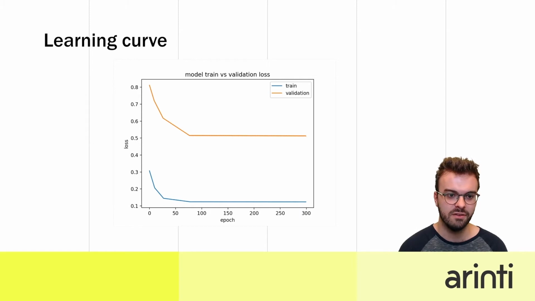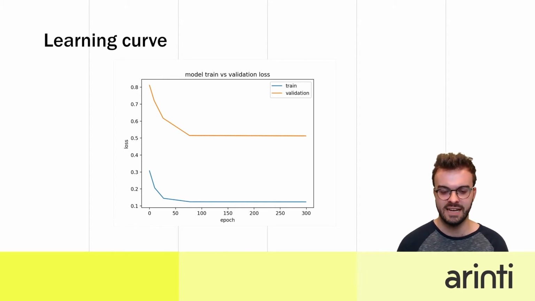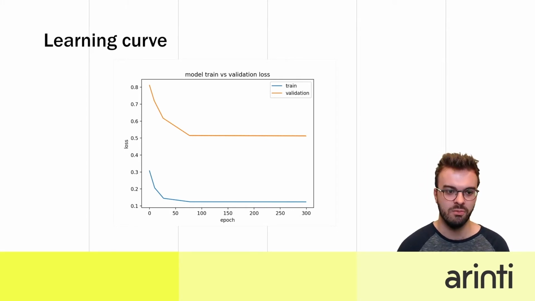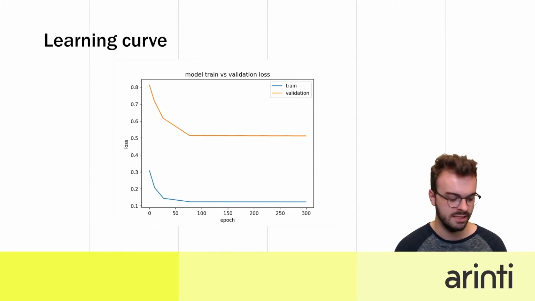In this graph right here, we don't have convergence because the loss for the validation always remains higher. But usually what you want to do is first make sure that you get good convergence, and then you can investigate with these kinds of graphs how much training data you need to achieve this convergence. And this really gives you a better intuition towards which models need a lot more data to perform well and which models really achieve this kind of convergence rather quickly.